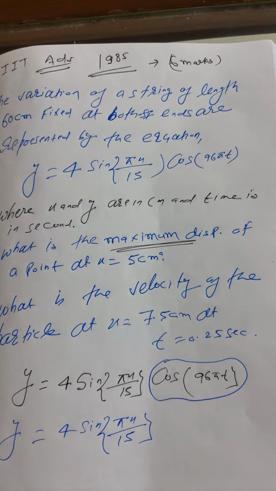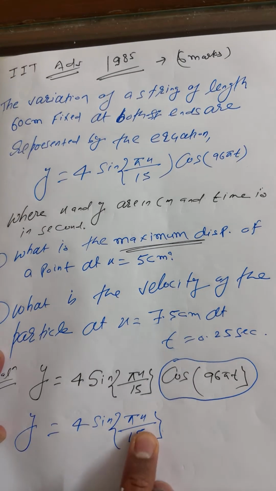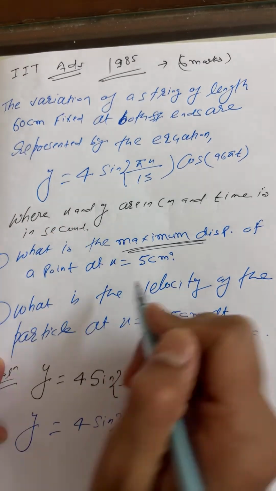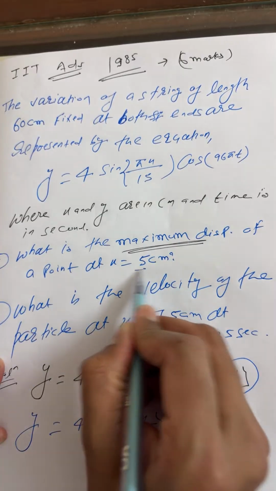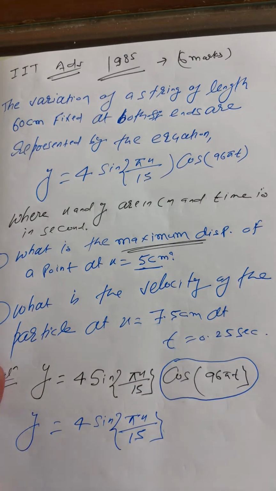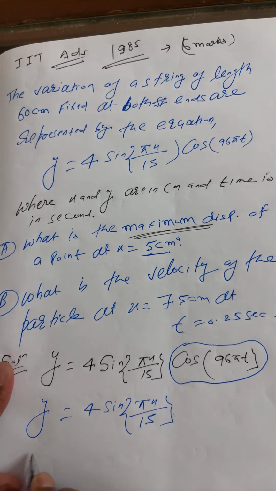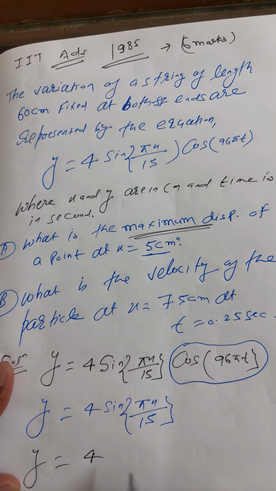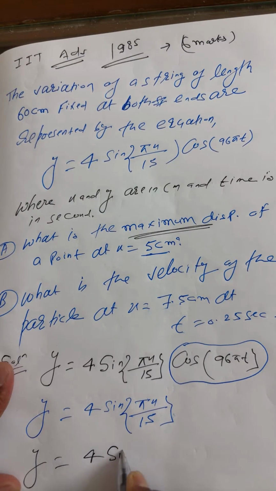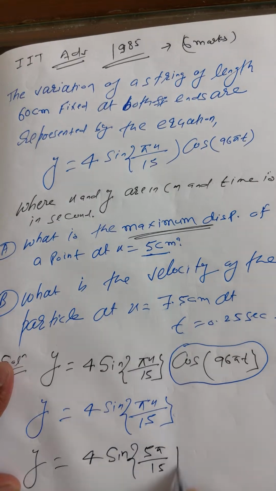Pi x by 15, yeah. X is mentioned for this question. We have to find the maximum displacement at 5 centimeter. So as usual, my dear, you can write 5 here only. So this is 4 students sine 5 pi by 15.